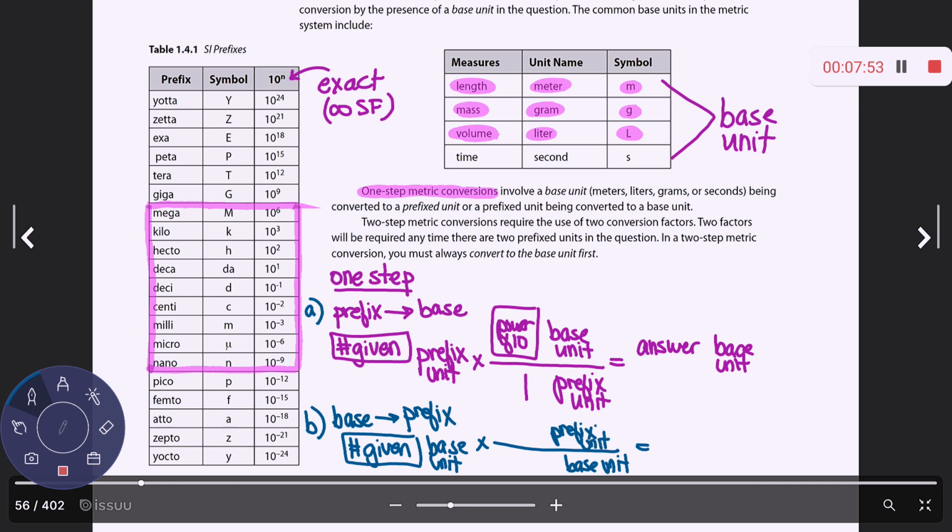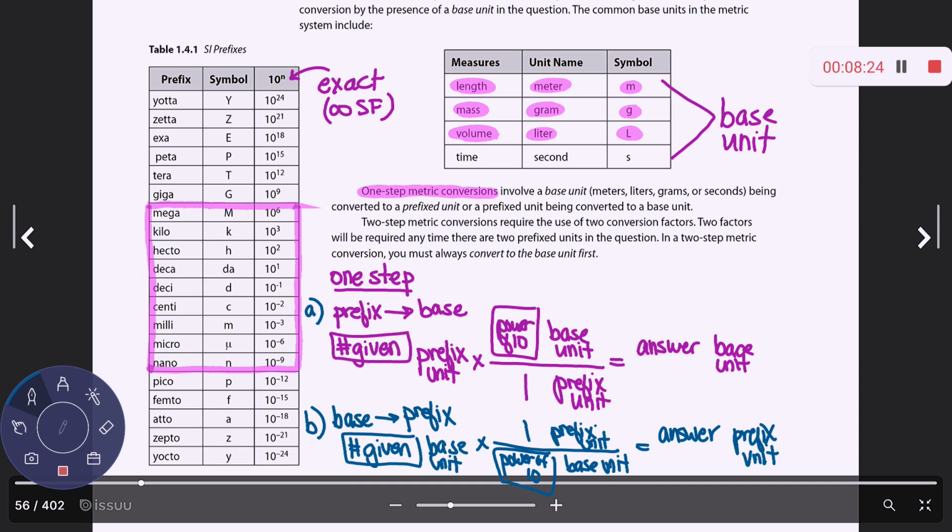You always write the number one where the prefixed unit is. So we would put the number one on the top this time, and then you would put the corresponding power of 10 down here on the bottom. Now, the reason why I teach it this way is because I'm actually going to start raising units to a power. So if you do it this way, everything else will fall into line, and it will work every single time.